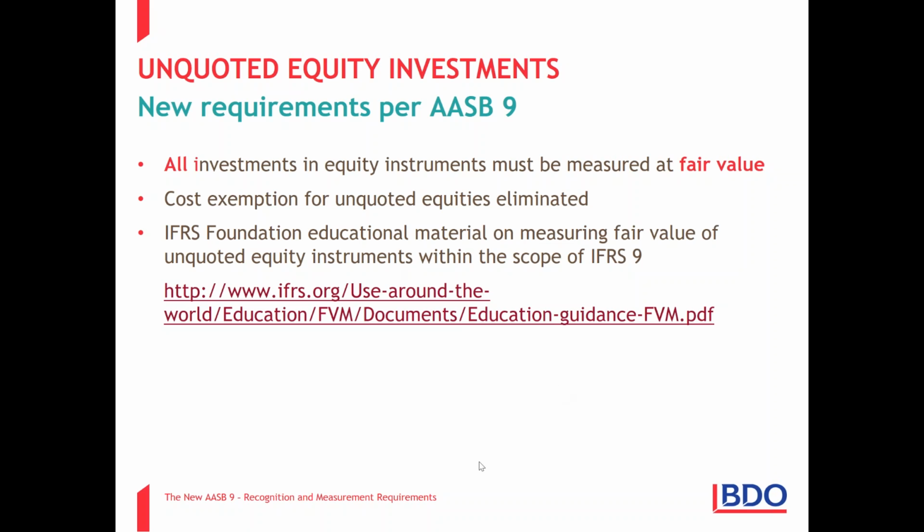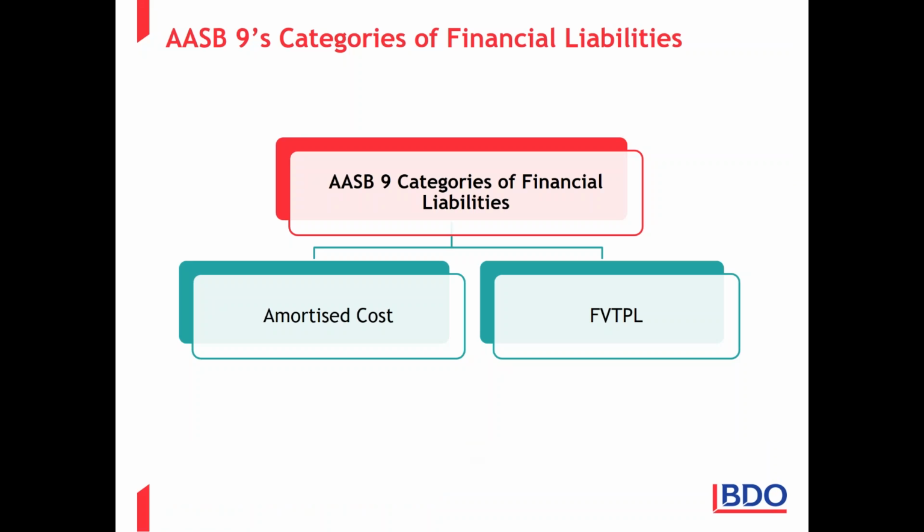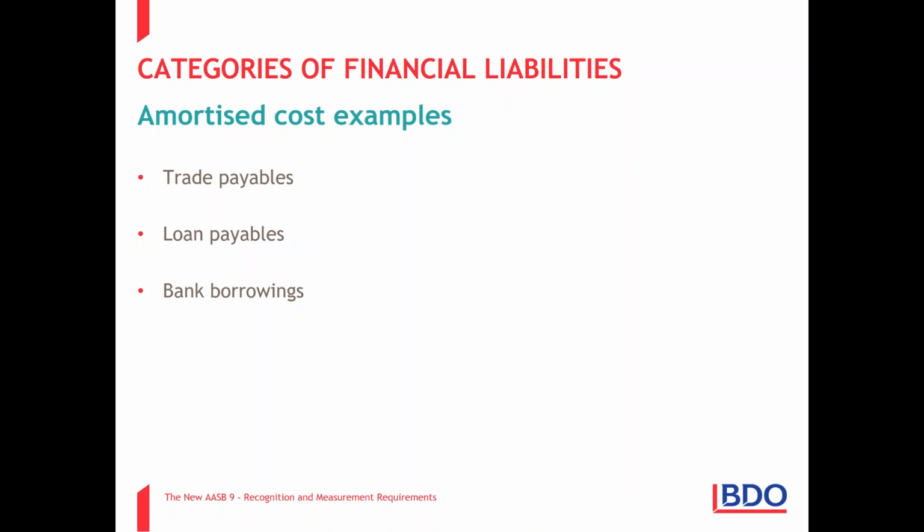If we move on to the categories of financial liabilities, now in AASB 9 we've got two categories of financial liabilities. We've got amortized cost and fair value through profit and loss. The categories of financial liabilities are the same as we currently have in AASB 139.